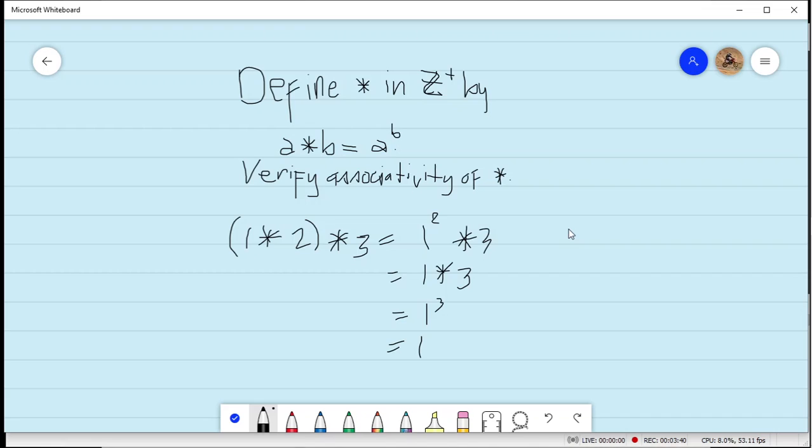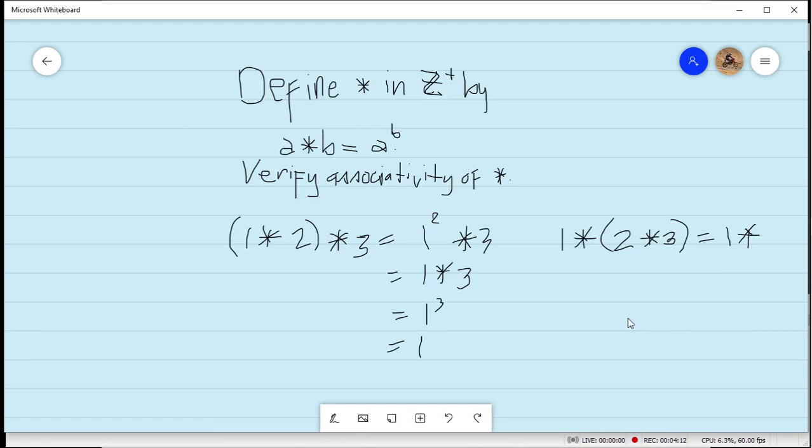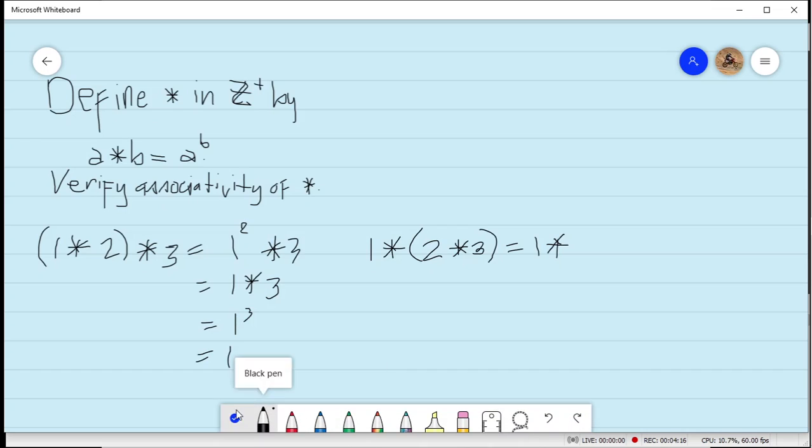On the other hand, if we regroup, taking 1 operation the quantity 2 operation 3, we take first 2 operation 3, so we just carry over 1 operation. 2 operation 3 will become 2 cube, giving us 1 operation 2 cube, which is 8.